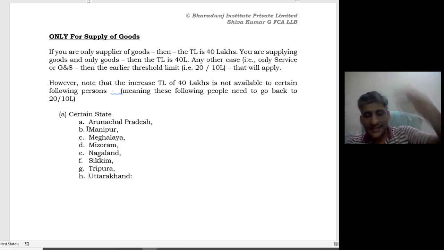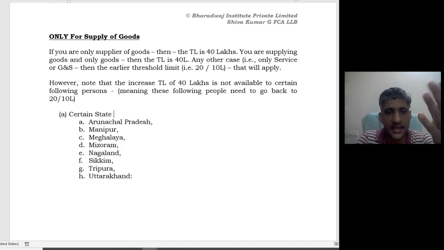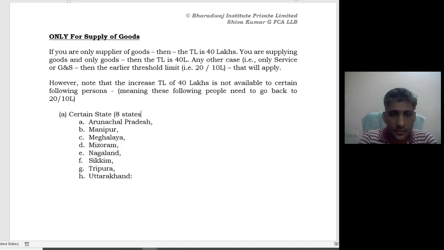So for these 8 states, A, B, C, D, E, F, G, H, total 8 states, this 40 lakhs is not applicable, meaning you have to go to 20 lakhs or 10 lakhs.